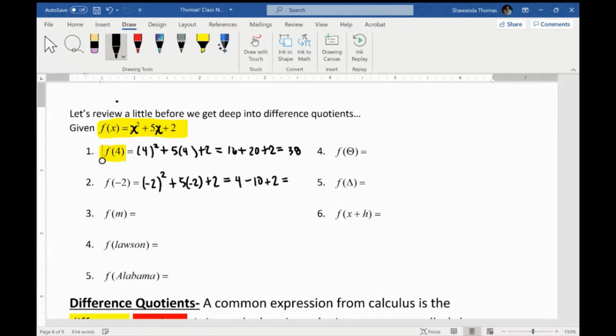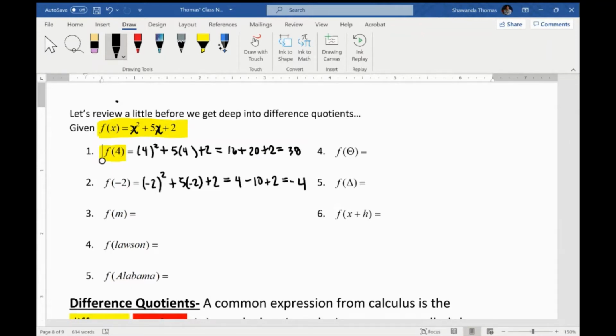What's our final answer? Negative 4, because 4 minus 10 is negative 6 plus 2. Yeah, sounds great to me. Negative 4.